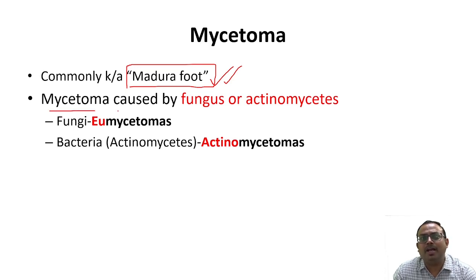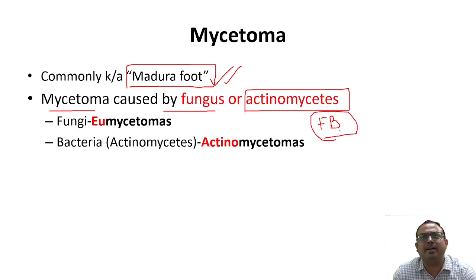Mycetoma can be caused either by fungus or by bacteria, which are members of actinomyces. What is actinomyces? These are filamentous bacteria. They resemble fungus, but they are not fungus, they are bacteria. So it is very clear that mycetoma is caused by both fungus and actinomyces.